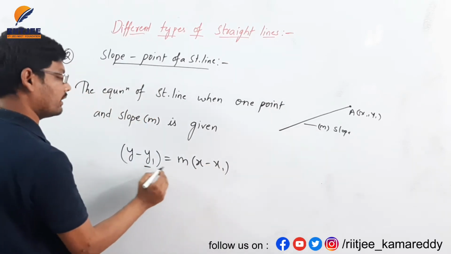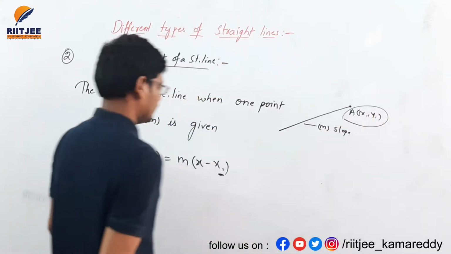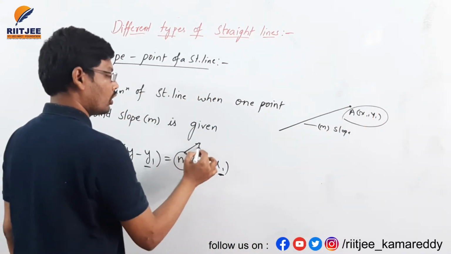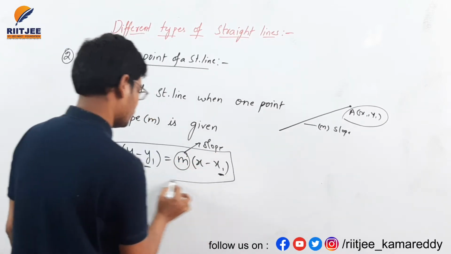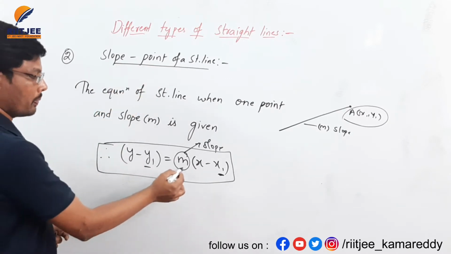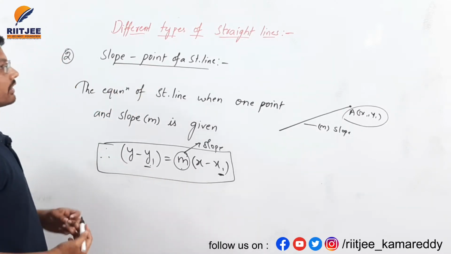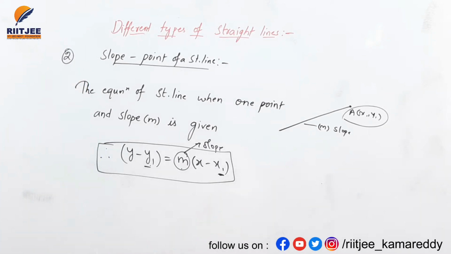Here y1 and x1 are the point on the straight line and m is the slope of the straight line. This is the equation of a straight line when slope and one point are given. This is all about the second equation here.